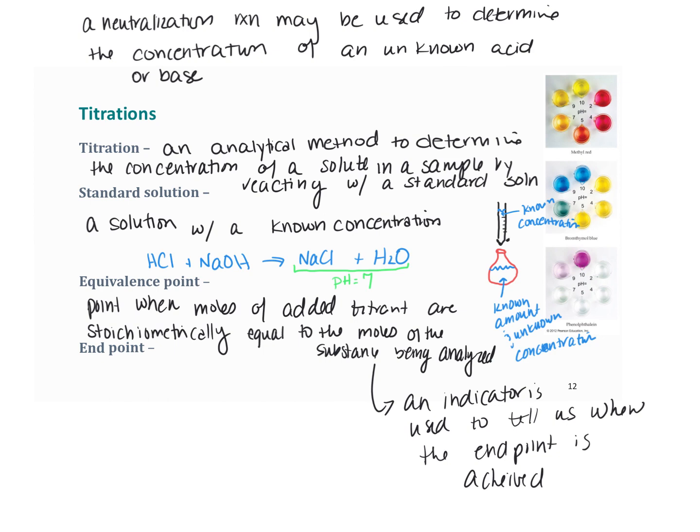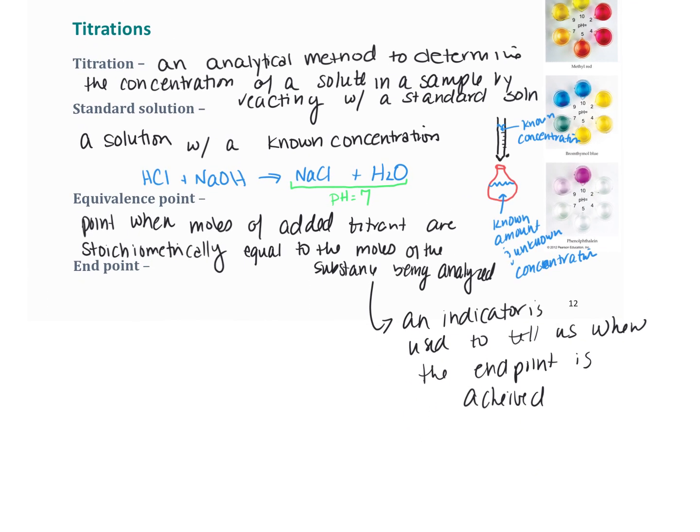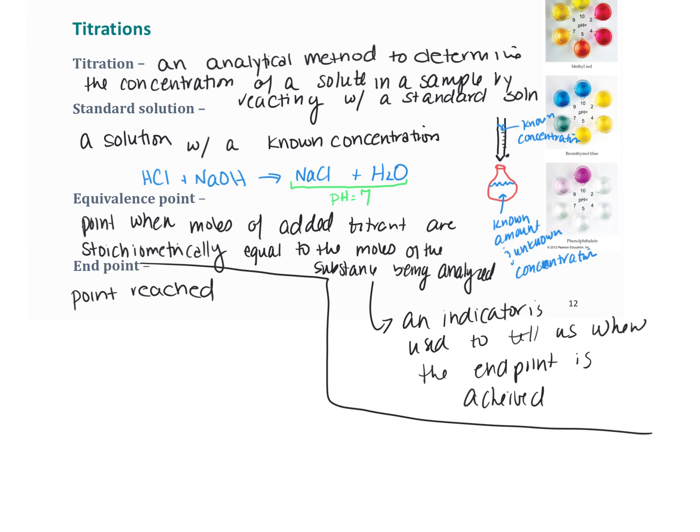Once you have reached where the color of the indicator changes, that's called the endpoint. And the endpoint, and I'm going to block this off so we can really delineate it, is the point reached when the indicator changes color.